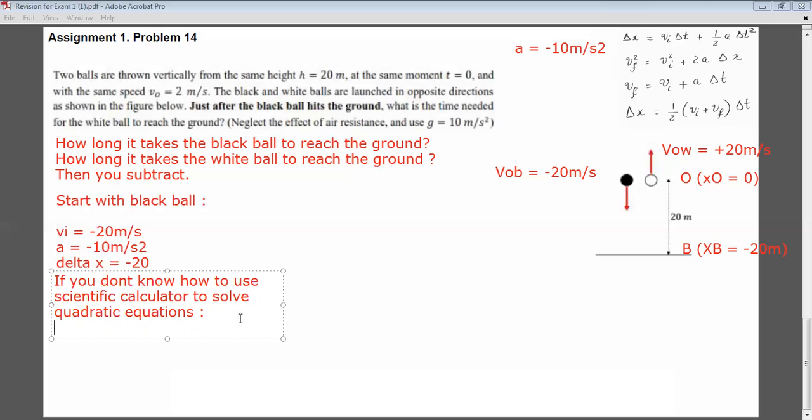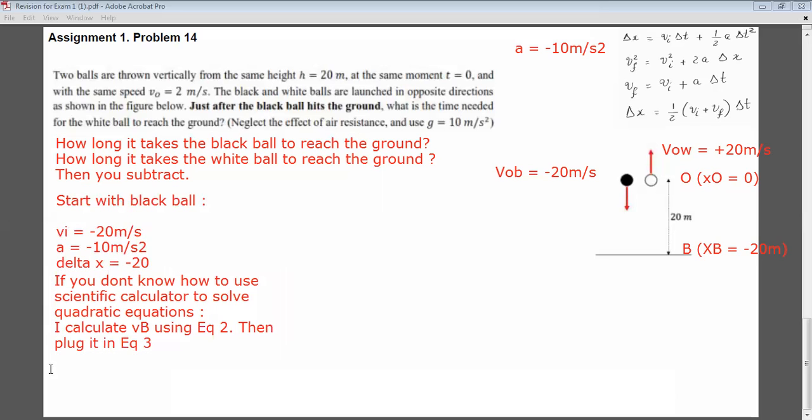So the way I do it is I calculate V final, that is VB, using equation 2. Okay, then plug it in equation 3. So what is equation 2?